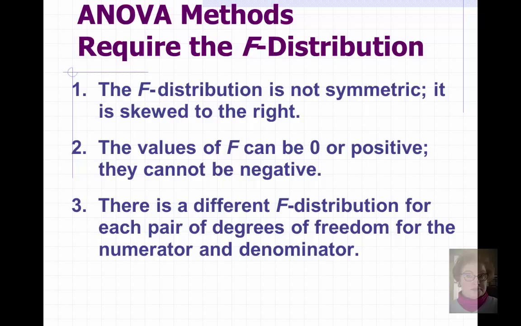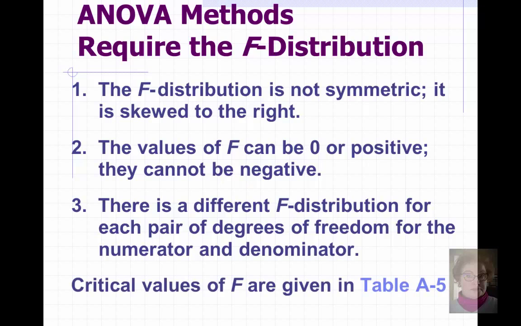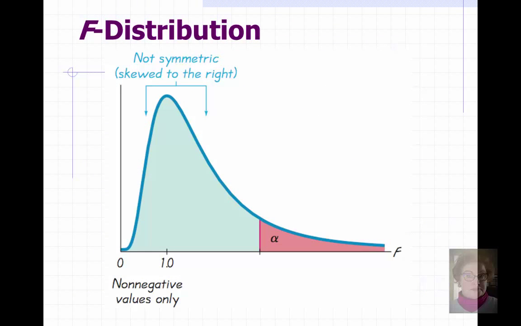And that's how you find your critical values, and you can find those in table A5. But because we are going to concentrate on how to interpret the output from technology, we're not going to be doing much with that at all. And here's a picture of that F distribution.